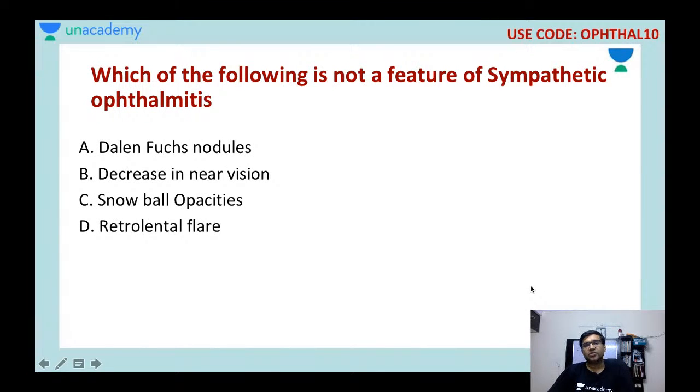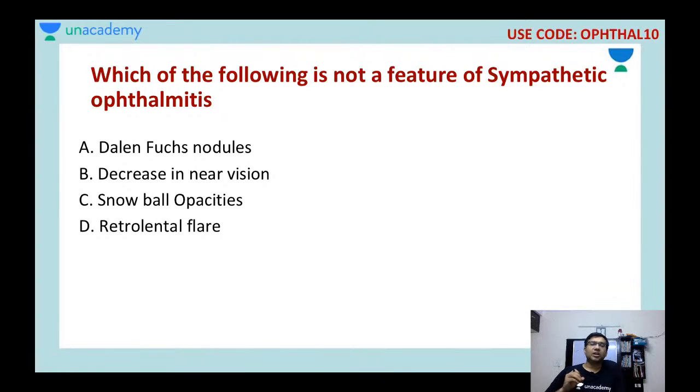Which of the following is not a feature of sympathetic ophthalmitis? Your options are Dahlen-Fuchs nodules, decrease in near vision, snowball opacities, or retrolental flare. Remember, sympathetic ophthalmitis is a very important granulomatous panuveitis which can happen after a perforating trauma to the other eye.